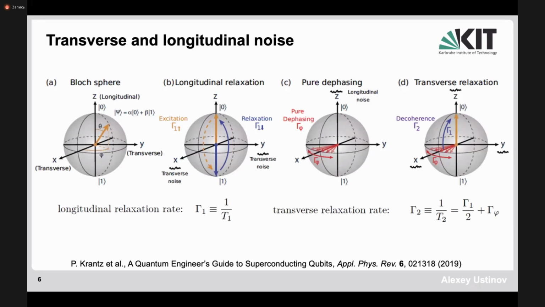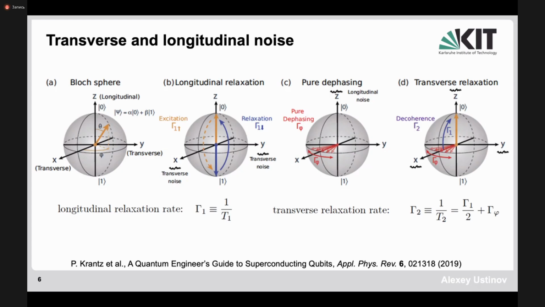Another process which we also discussed is dephasing, and that one is characterized by time T2, or correspondingly the inverse time, which is the rate, gamma 2. That one is associated with the fluctuation of the energy level separation between ground state and excited state.